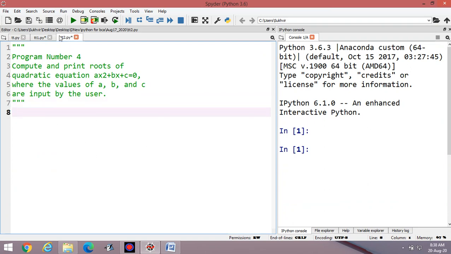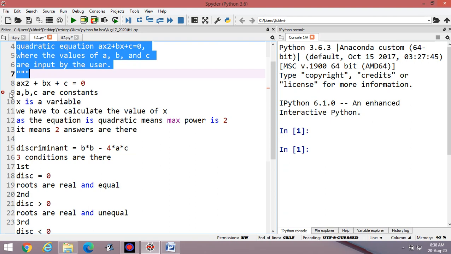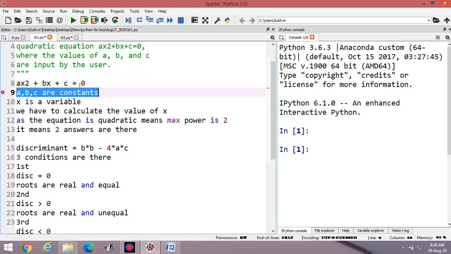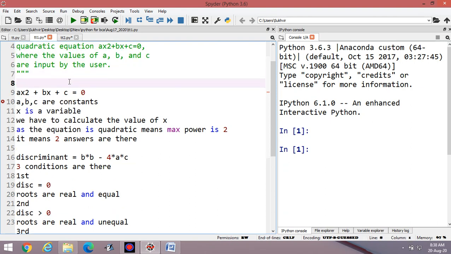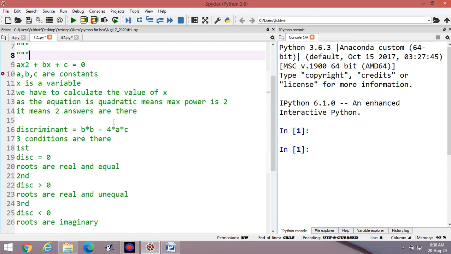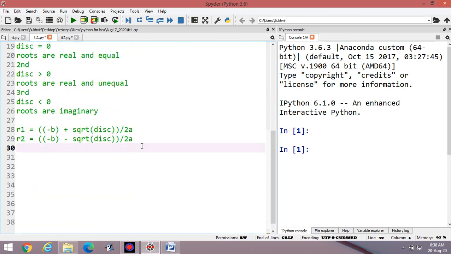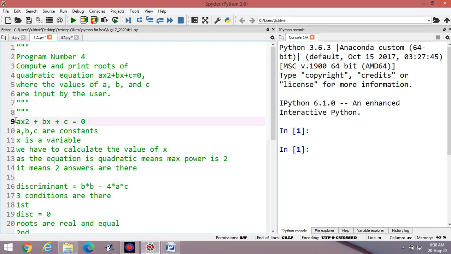First, you have to enter the constants a, b, c. You can convert these contents into comments. What is the first requirement? You have to enter three coefficients.